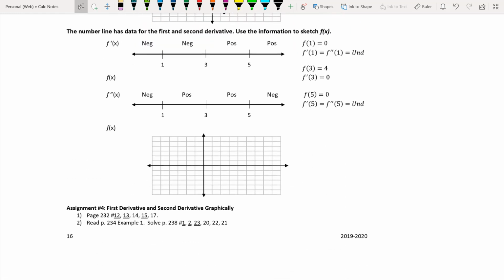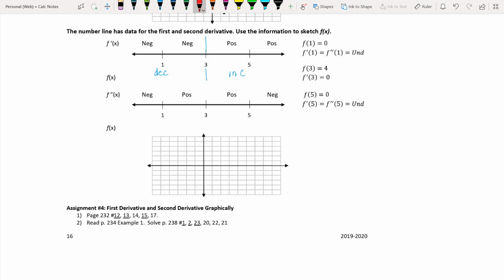So same thing, we've got some number line information. This time, f prime of x is negative up until 3. So that means that f of x is going to be decreasing. And then we're positive from 3 to infinity, which means I'm increasing.